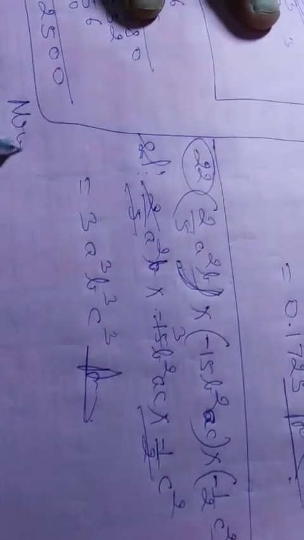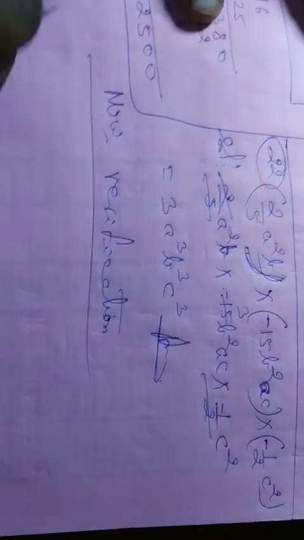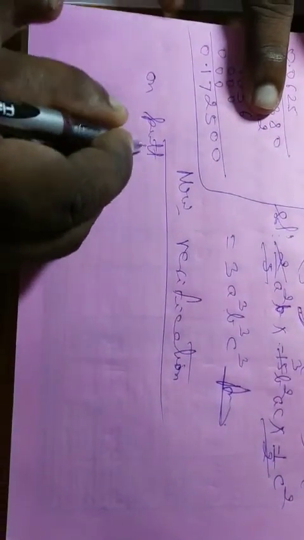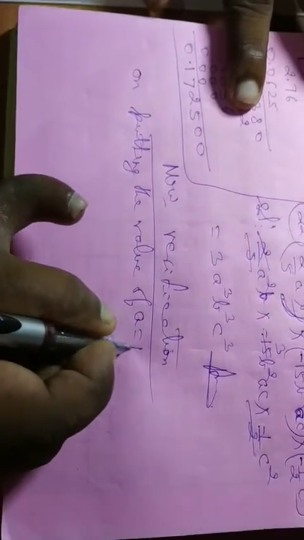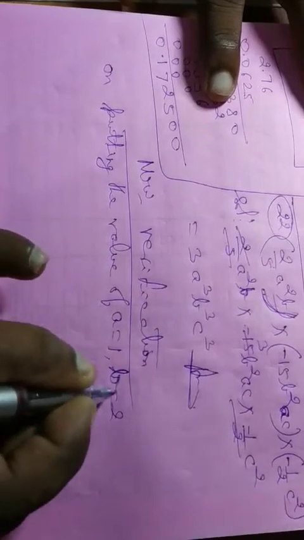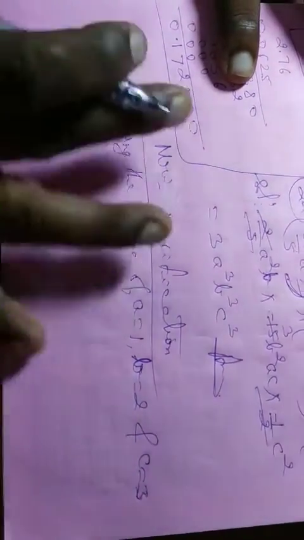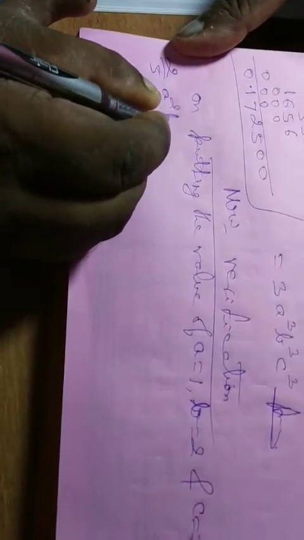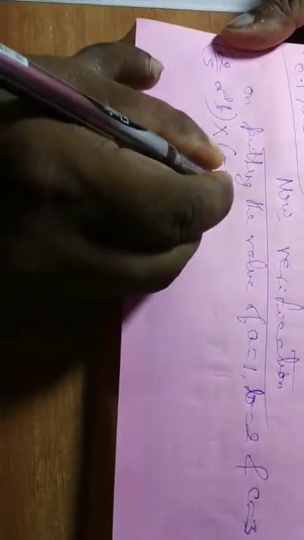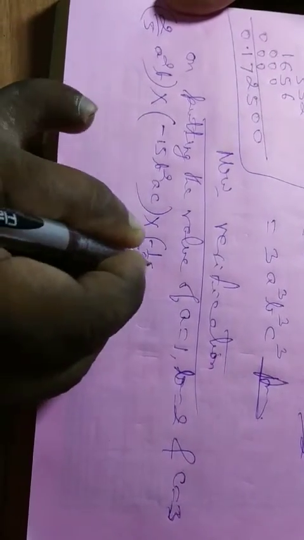Now verification. On putting the values a is equal to 1, b is equal to 2 and c is equal to 3. 2 by 5 a square b into minus 15 b square ac into minus 1 by 2 c square.